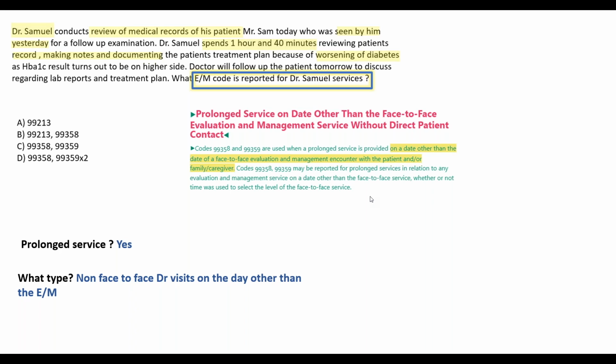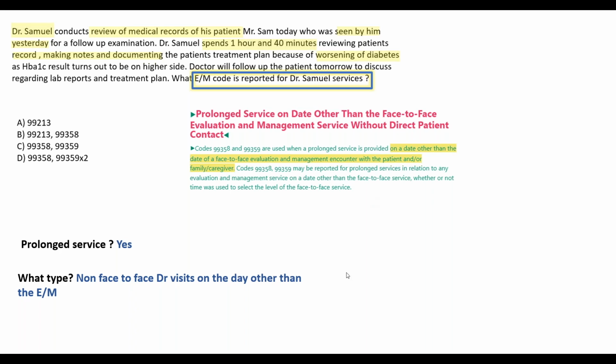So we had an encounter, but it's without direct patient contact, and it's on a date other than the E&M visit.